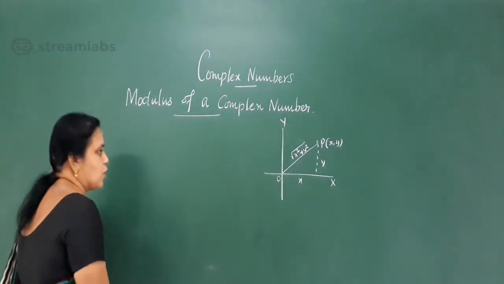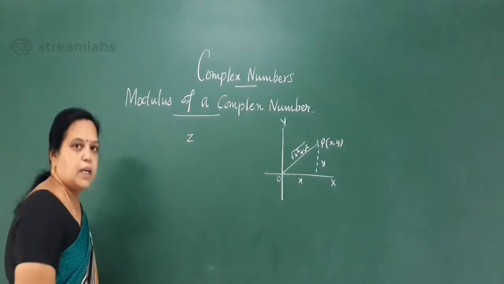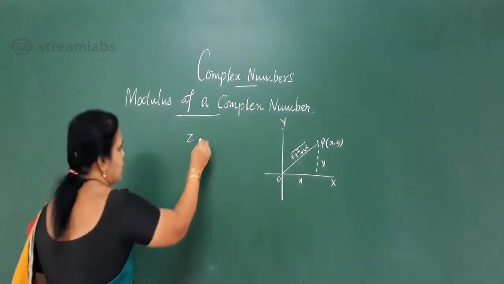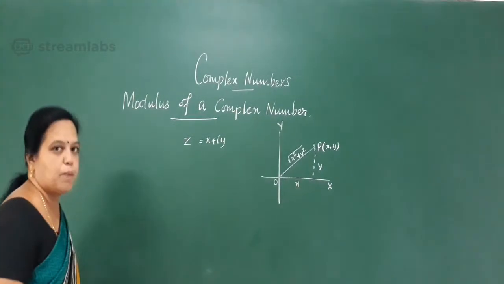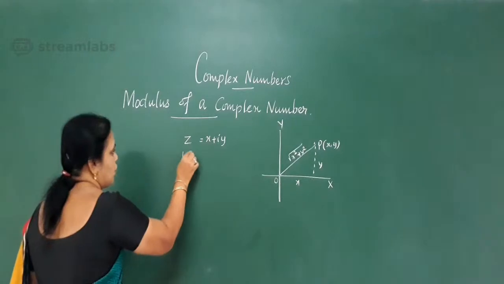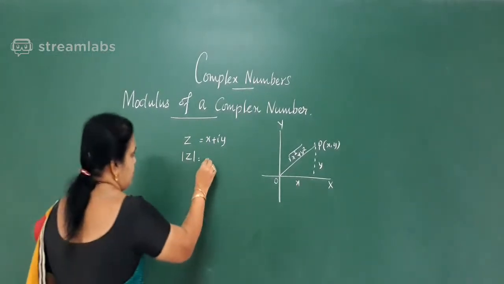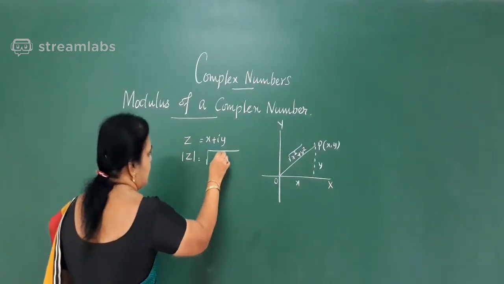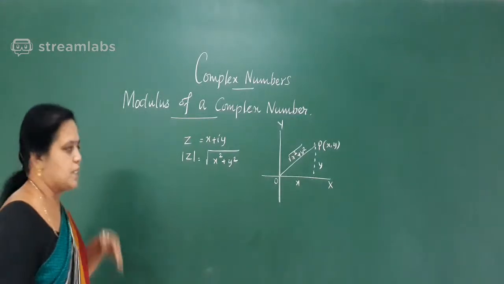How to find that complex modulus? See, it is a complex number, z equal to x plus iy. The modulus of a complex number is denoted by mod z. For that, we have to find root of x square plus y square. This is the modulus of a complex number.